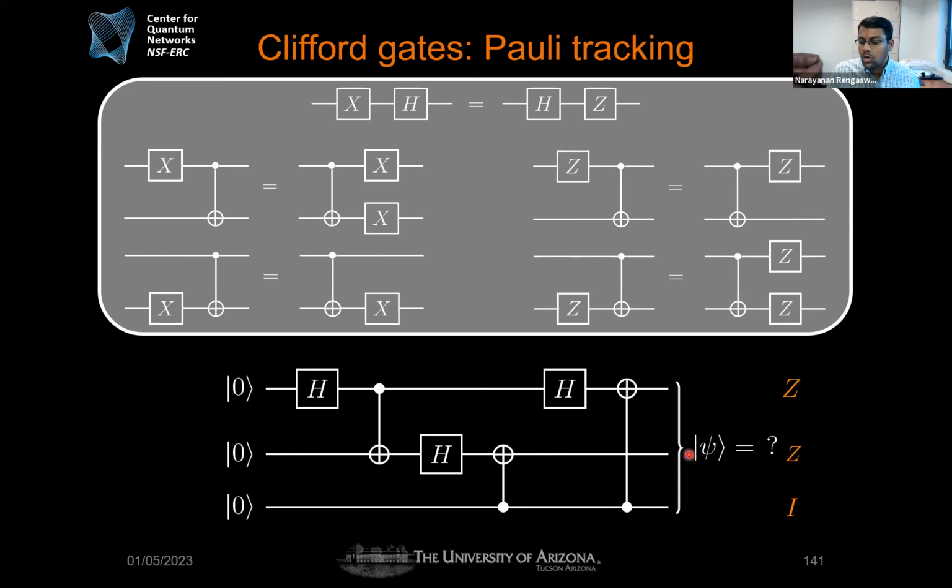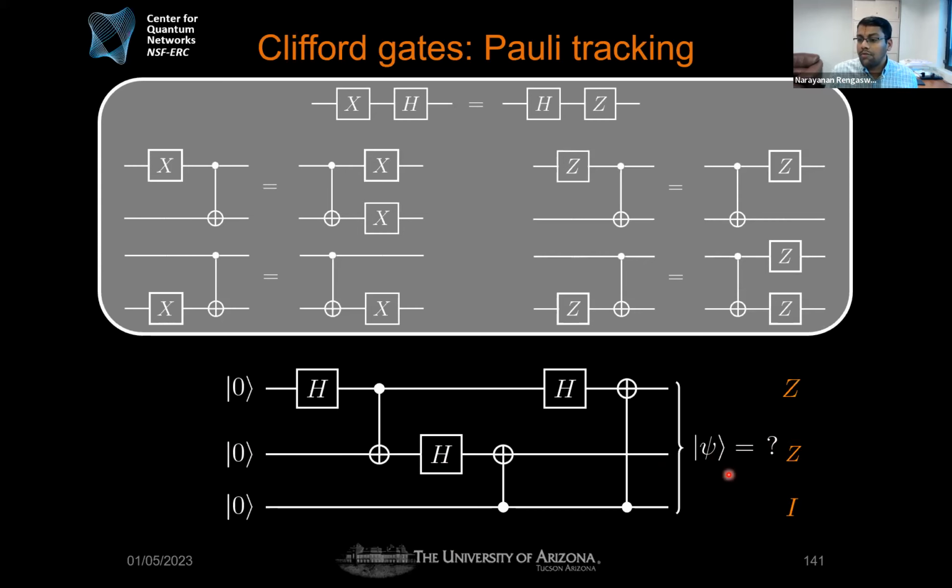So right now, you don't even have to worry about what this psi is. It's good enough to just know the stabilizers of psi. So you have done this for one stabilizer. You can again take Z on the second qubit and track that Z through the circuit, and you'll get a different stabilizer. And similarly, Z on the third qubit will give you a third stabilizer. And all of those put together will form the stabilizers for the output state.